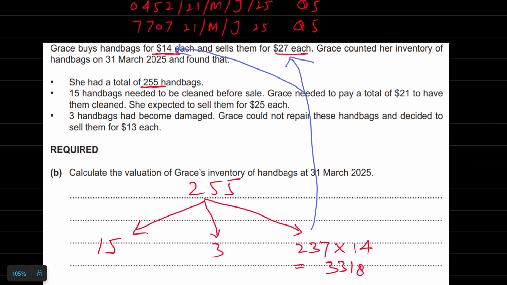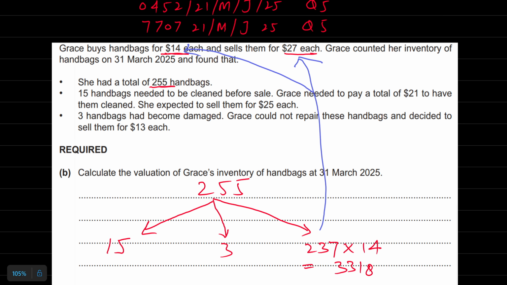For 15 bags, 21 in total, not per bag. They have to pay $21 as cleaning cost for all the 15 bags, and then these can be sold at 25 each.